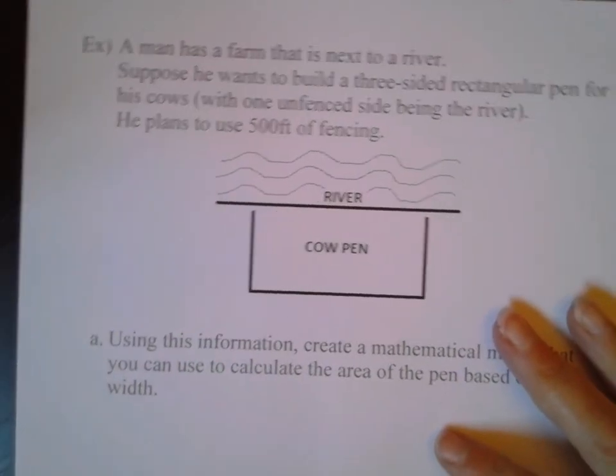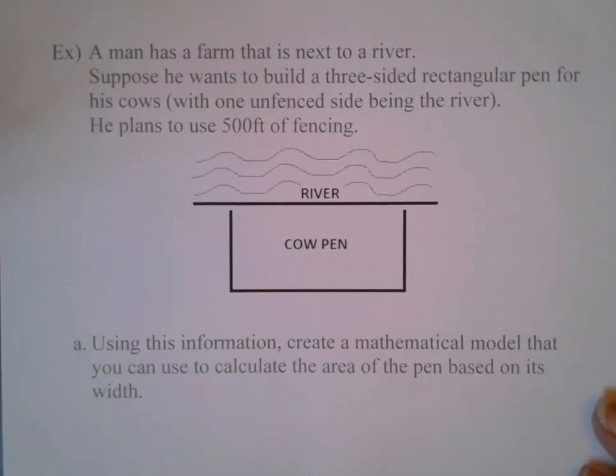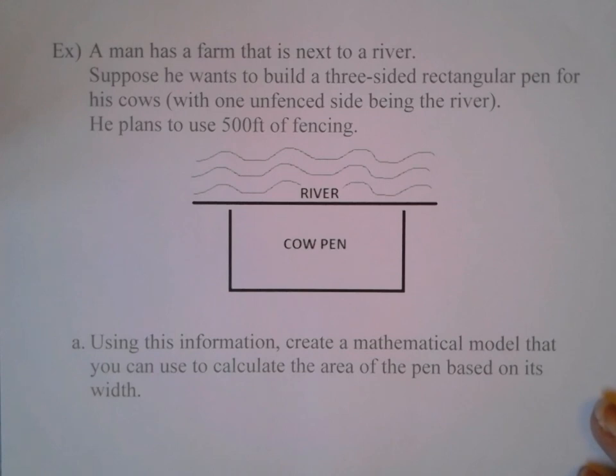Okay, one more problem that I thought would speak to this well, based on the idea that we want to use a parabola to model a situation. Here's a kind of a common problem that we can look at. It says a man has a farm that is next to a river.